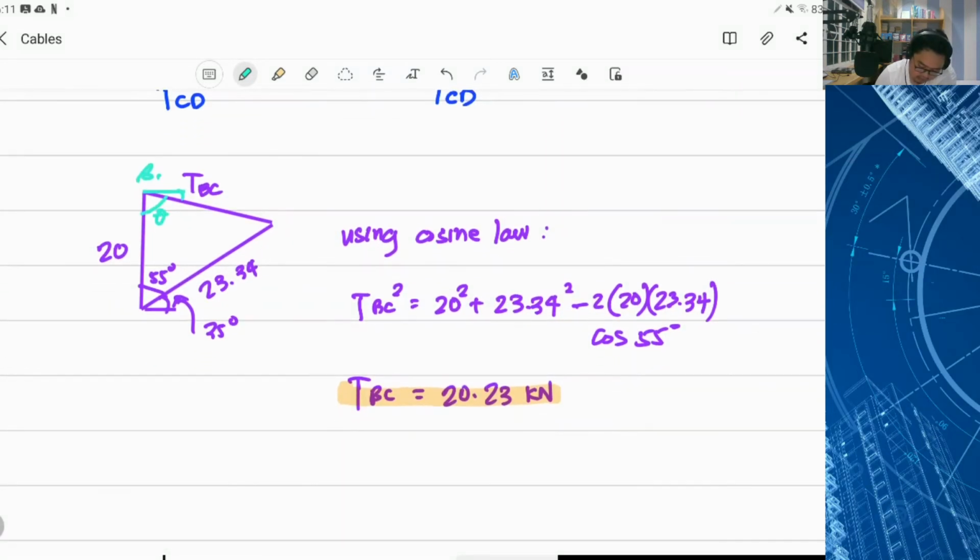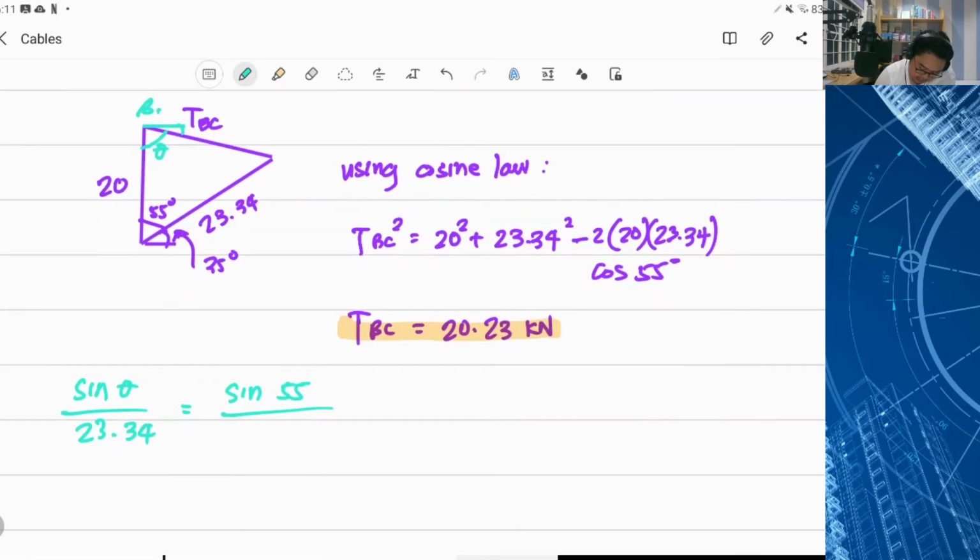Okay, so we can have sine law for this. Sine of theta over 23.34 equals sine of 55 over TBC. But TBC is 20.23.